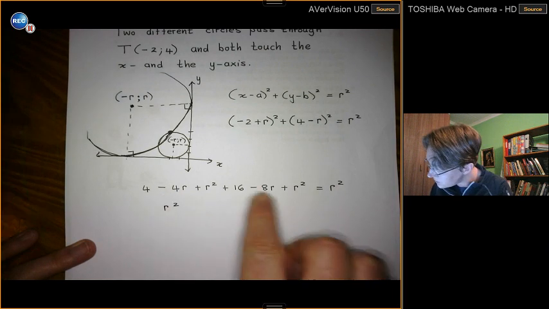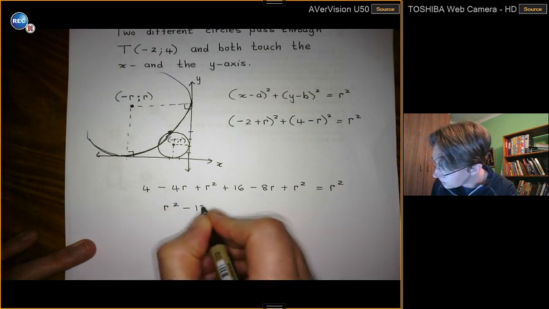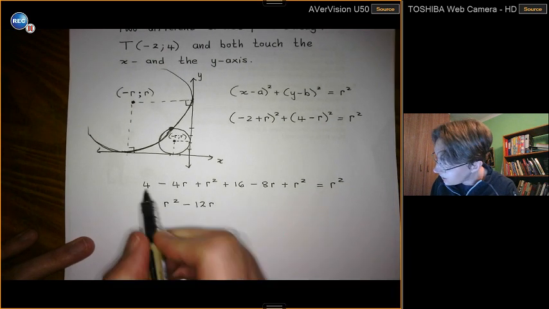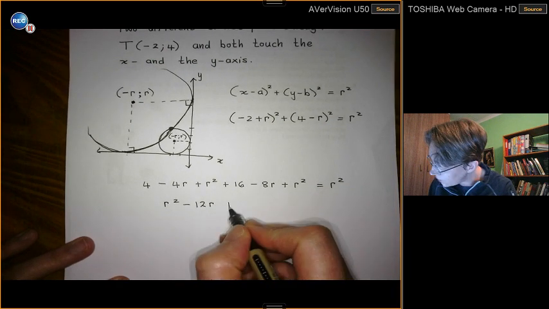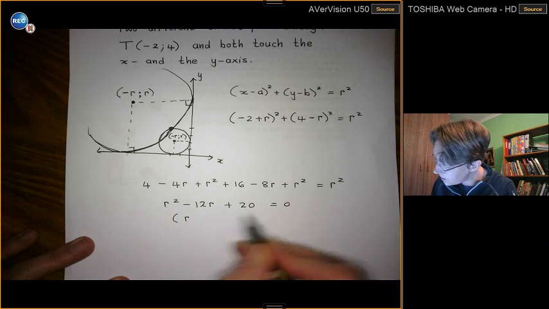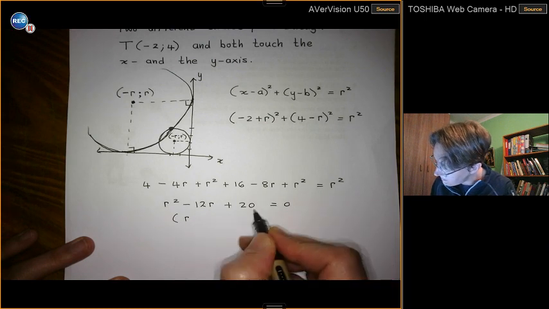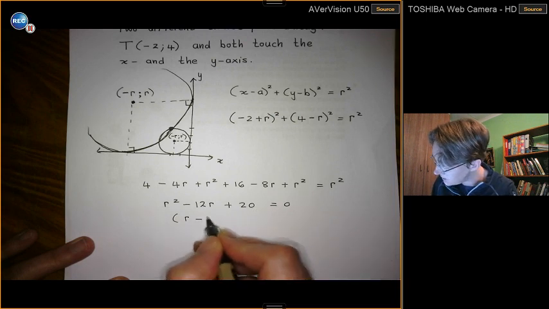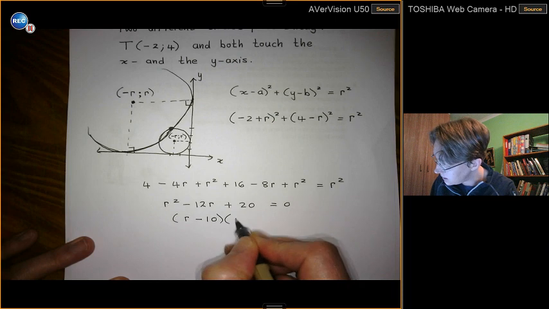This is going to be minus 4r minus 8r, so minus 12r. And then 4 plus 16 is then plus 20. I can factorize, saying it's (r minus ...)(r minus ...). That's going to have to be 10 and 2. So minus 10 and minus 2.